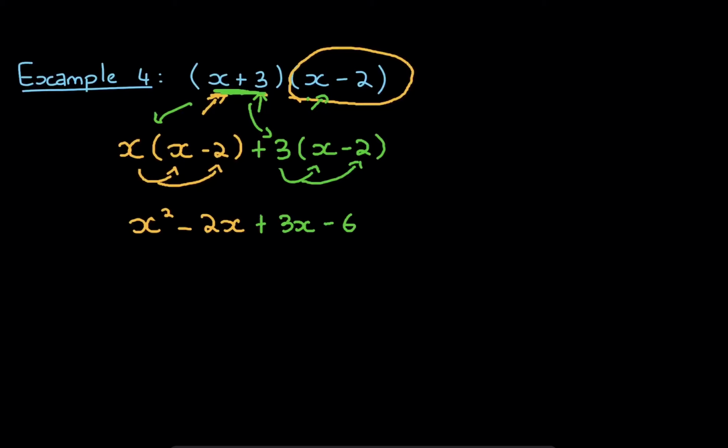Let's collect the like terms, and then you get x squared, x squared minus 2x plus 3x will give you positive x, and then minus 6. This is your final answer.